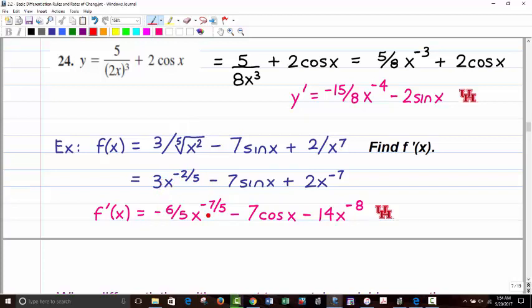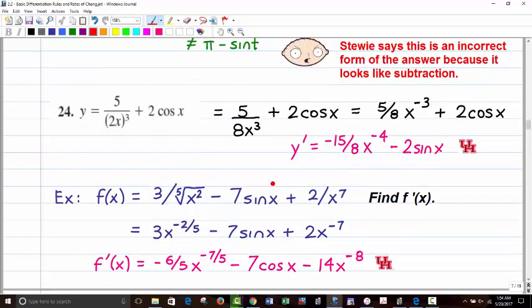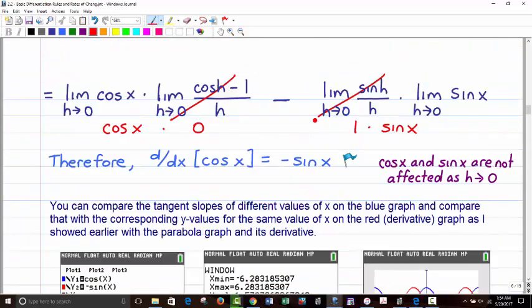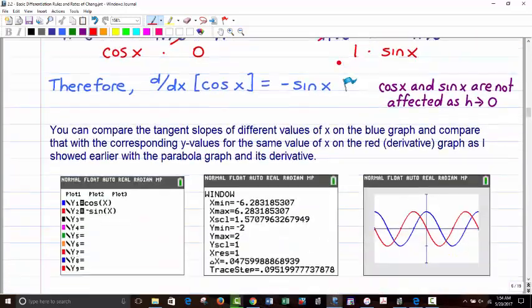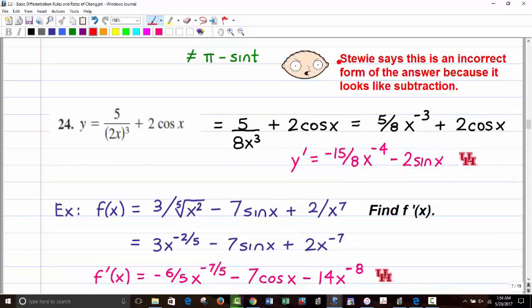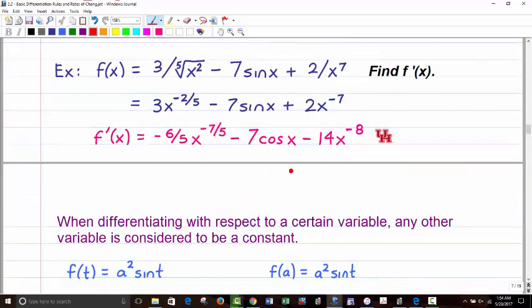Subtract 1, and you'll get negative 7 over 5. Now, the derivative of sine is cosine. The only reason there's a negative there is because there was a negative coefficient in front. The derivative of positive sine is positive cosine, but the negative 7 just stays there. Now you take negative 7 times 2 makes negative 14. Subtract 1 makes that negative 8.